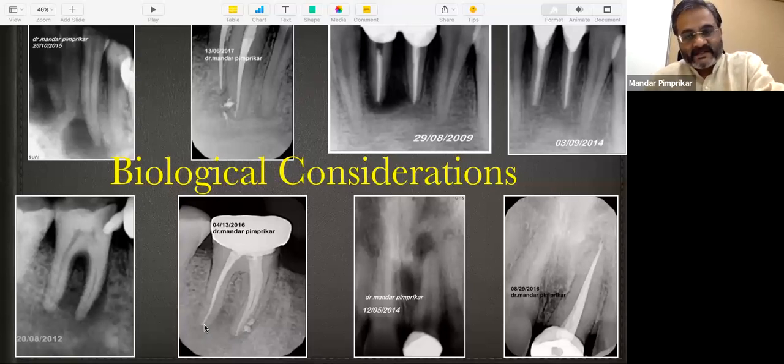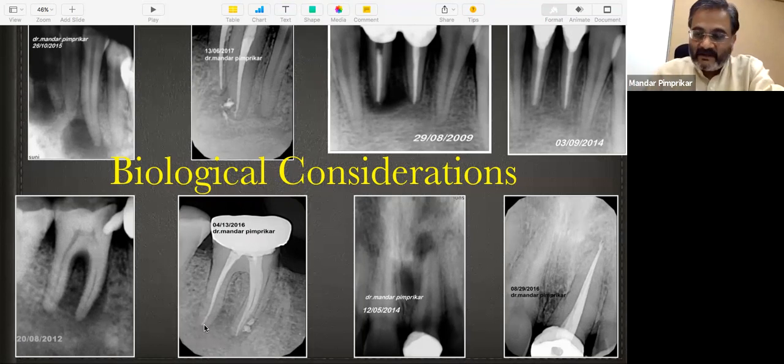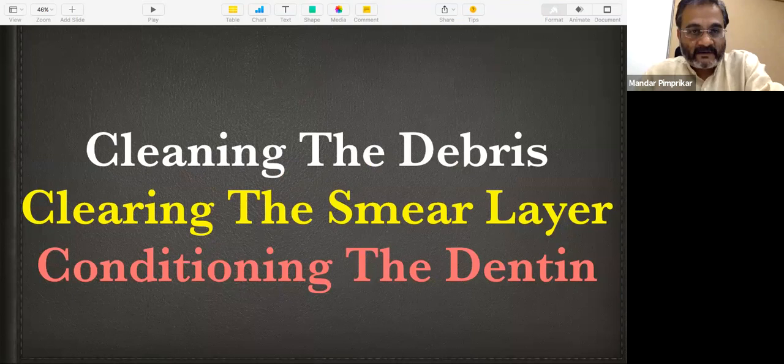So we have to ask ourselves that, of course, I don't deny that shapes are not important. Shape will only facilitate the cleaning, and shape will only facilitate the packing of the root canal system. So we must understand and have biological considerations when we do any root canal procedures. That is the most important aspect.